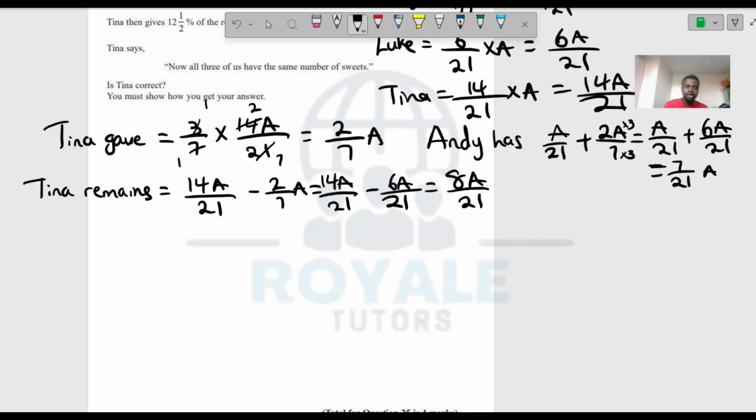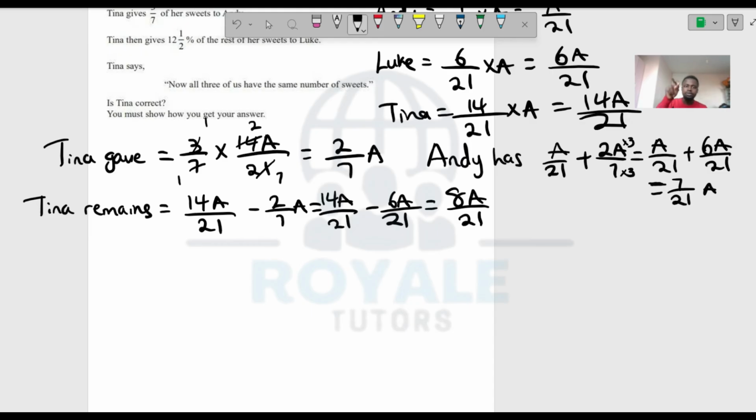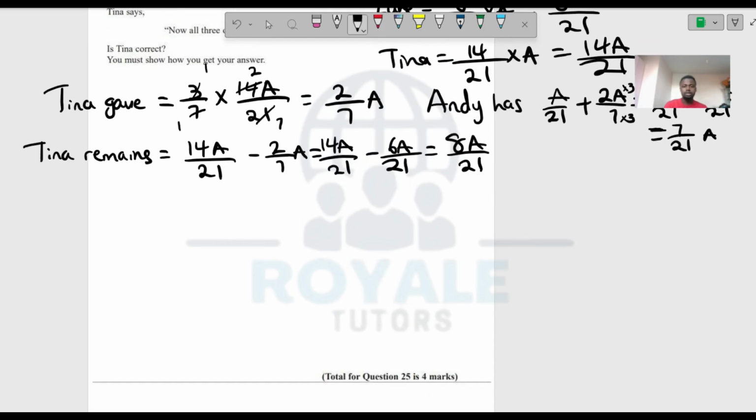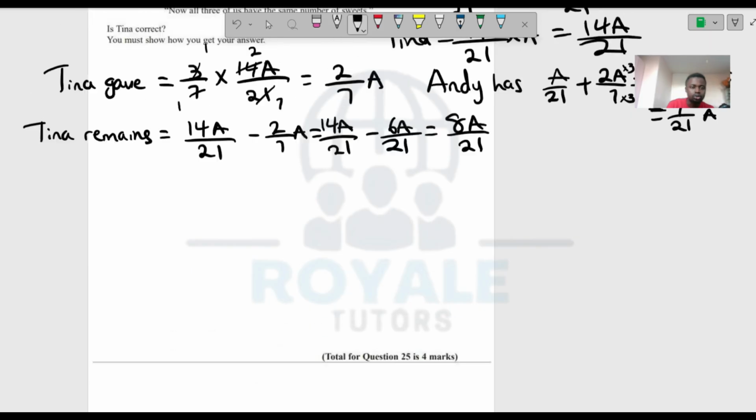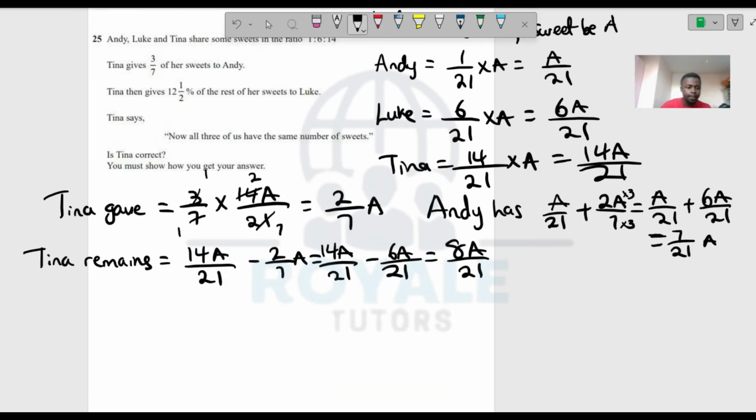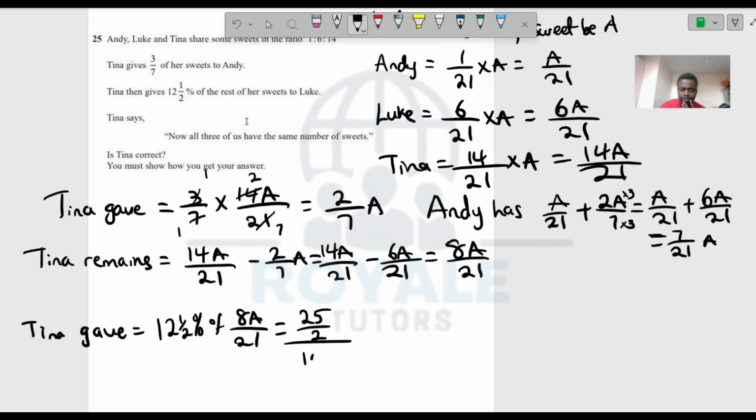Now, this that she has left, she gave 12.5% of it to Luke. So Tina to Luke, let me just put it here. To Luke now, Tina gave 12.5% of the remaining to Luke. 12.5%, that's talking about 25 over 2%.